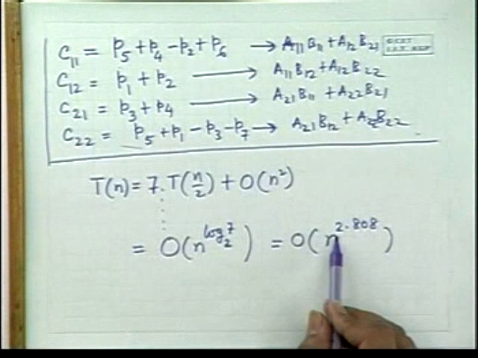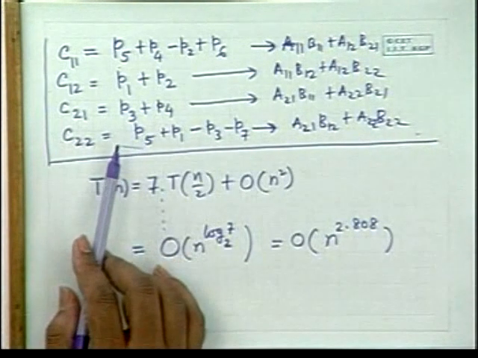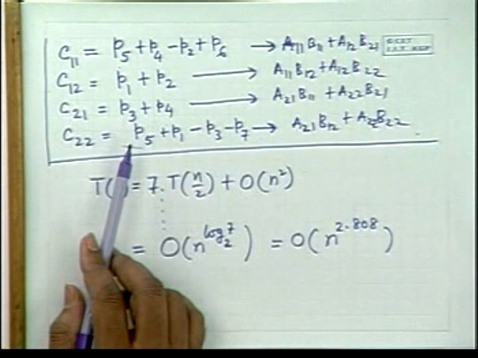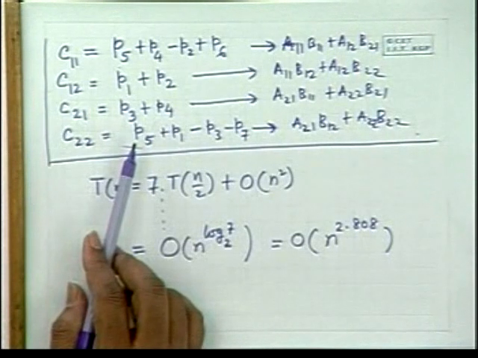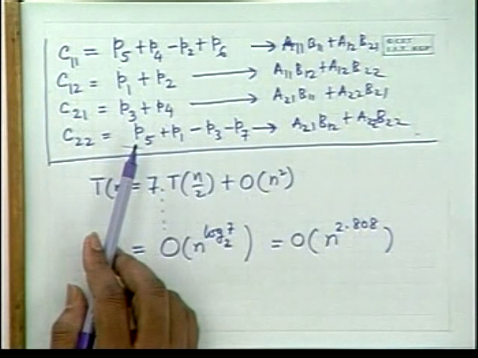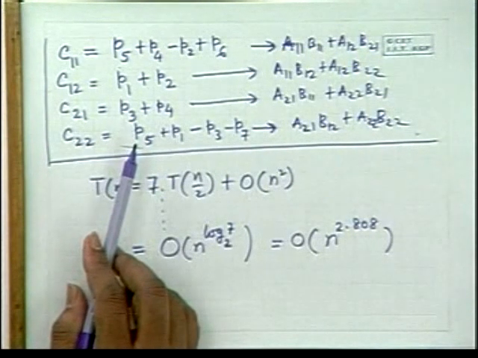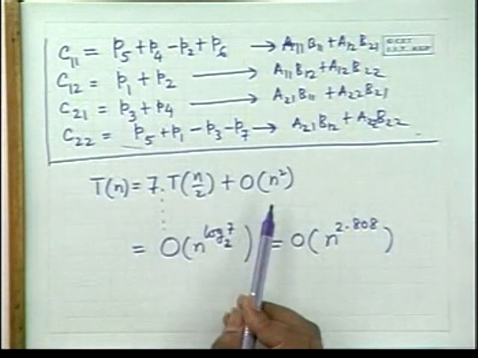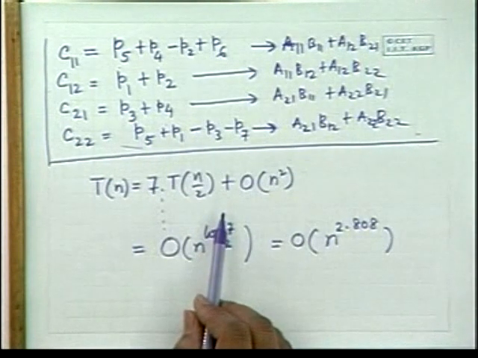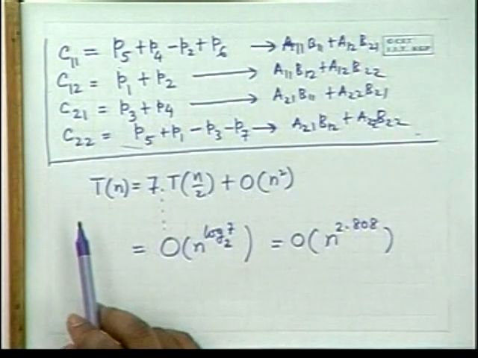So the difference is not that much, and this is more complicated because you have to do recursive calls, and recursive calls have overheads on the computer. The system maintains a recursive stack, and that maintenance ultimately, in the practical sense, will not improve the running time of your code if you use Strassen's multiplication.